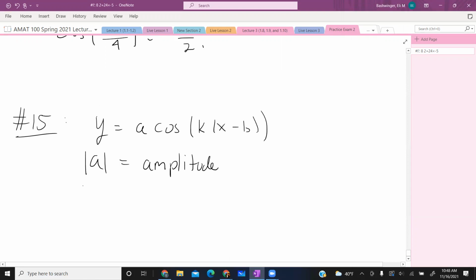And then b is the horizontal shift factor. In this case, we do not have horizontal shifts. And then the period of this function is 2 pi over k.